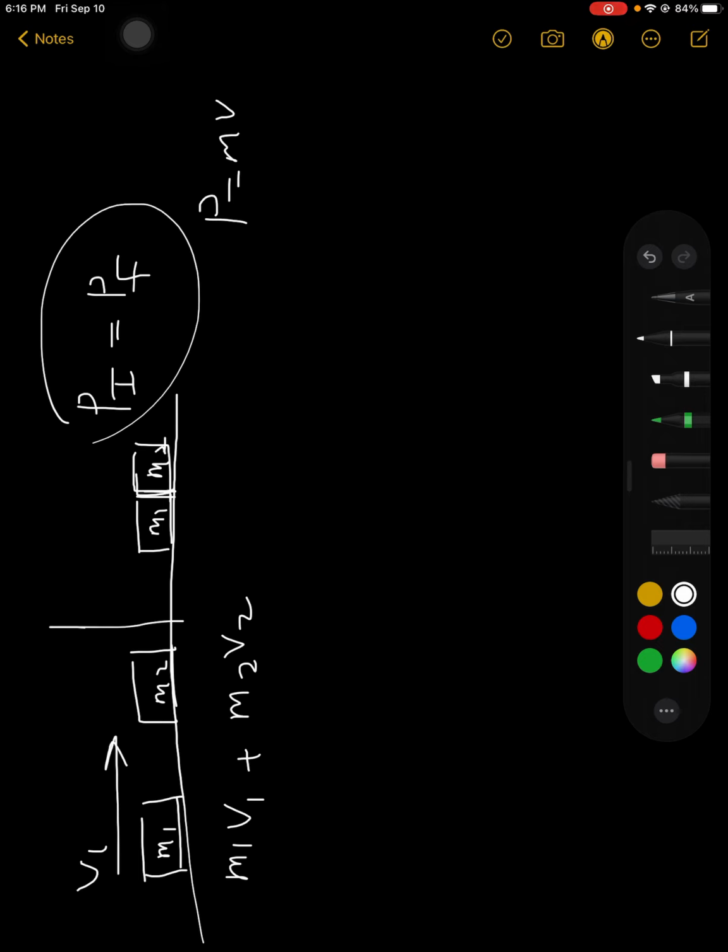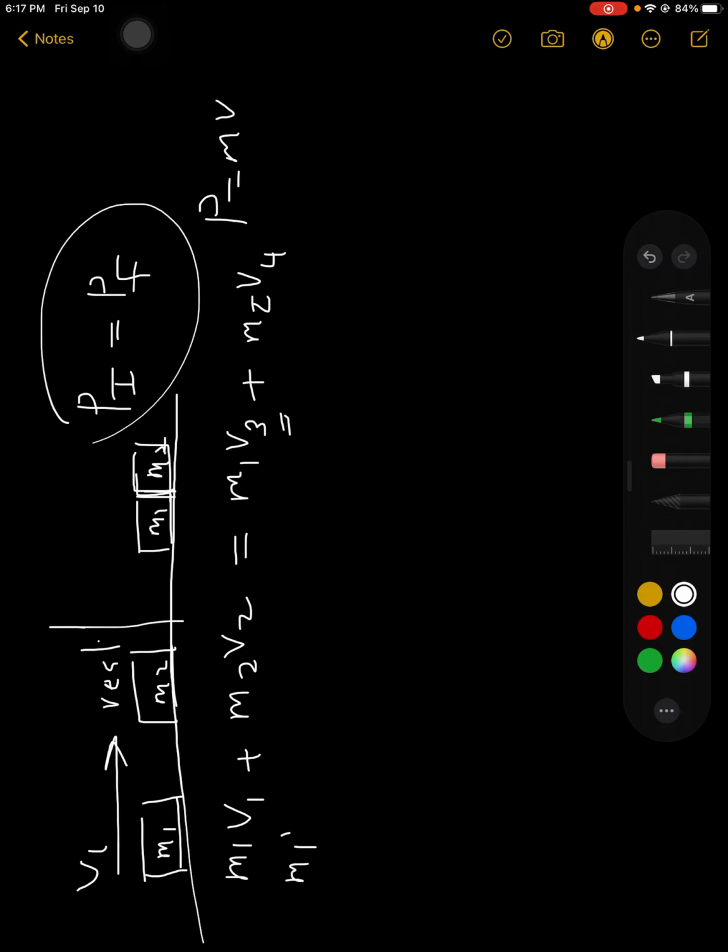The block number 2 is at rest, I forgot to say that. So m1 times v1 plus m2 times v2 equals the momentum after the collision: m1 times, for example, v3, the velocity of m1 after the collision, plus m2 times, for example, v4, the velocity of m2 after the collision.